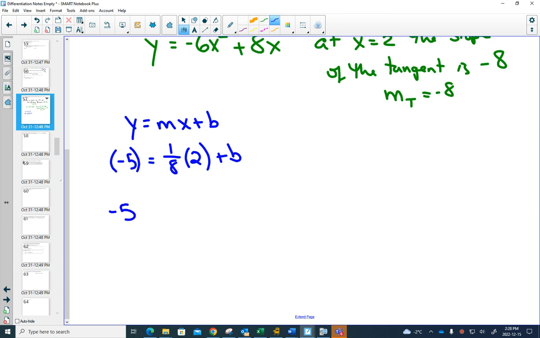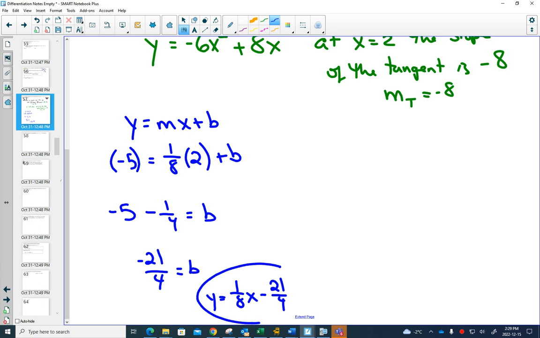You get -5 equals 1/4 plus b, so b equals -5 minus 1/4. Get a common denominator, and you get -21/4 equals b. So our final equation will be y equals 1/8x minus 21/4.